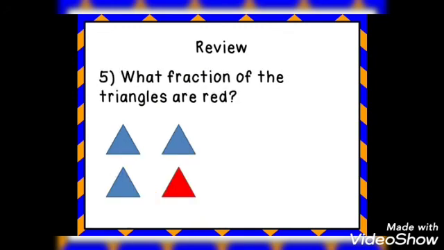Again, what fraction of the triangles are red? So the total number, the denominator, will be 4 and the numerator will be 1 because only one triangle is red. So this is how we find fractions of a set. Hope you have understood this. So 1/4 of the triangles is red.